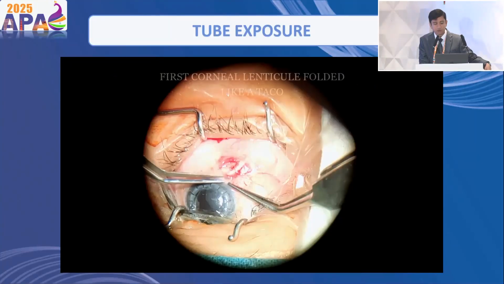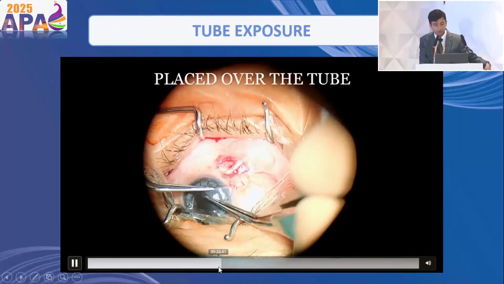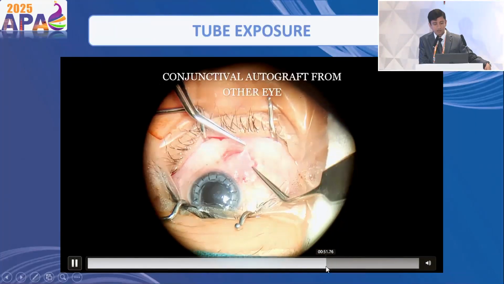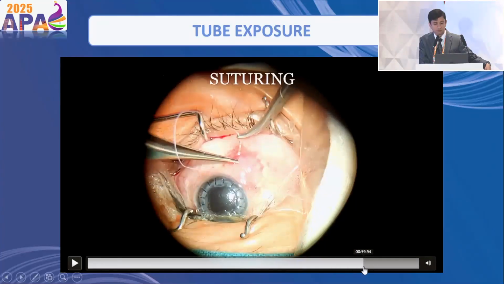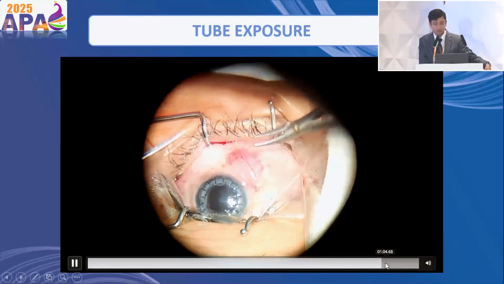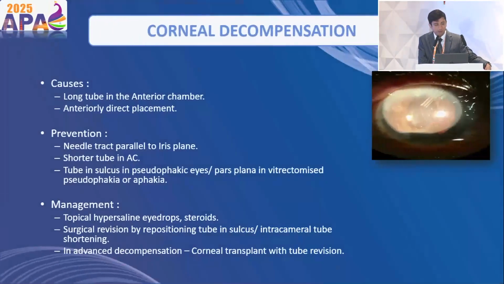I used 4, and over that I've put a conjunctival autograft also. So 5 layers. Initially she did well. She also had 2 tubes, so initially also she did well, but again this has exposed, and I've sent that patient to Vanitha ma'am.